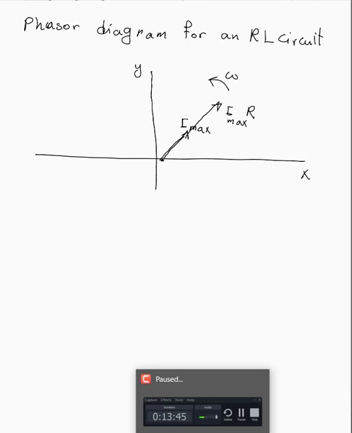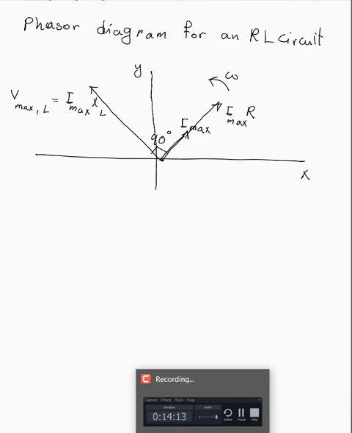When it comes to the inductor, there is going to be a 90-degree difference between the current and the voltage across the inductor. So this is the voltage across the inductor, which is Imax times XL. Let's call this Vmax across the inductor.